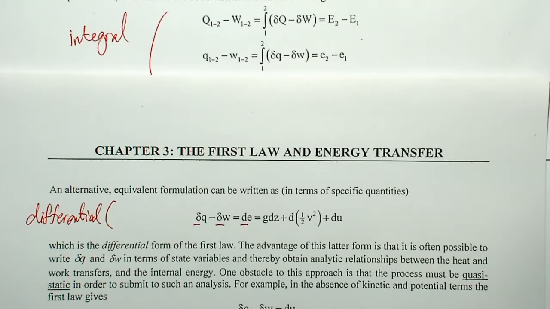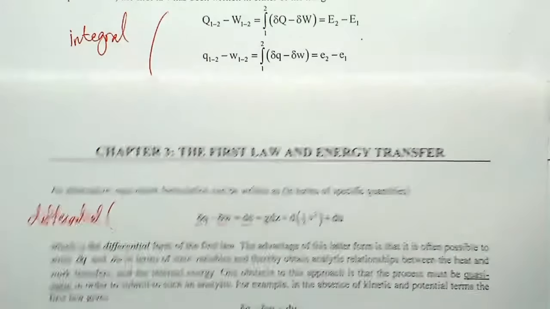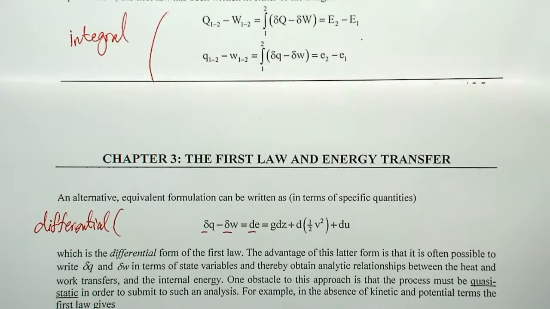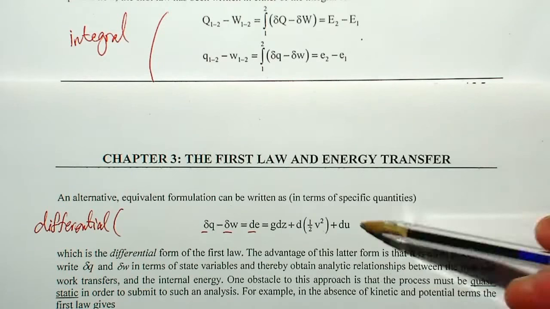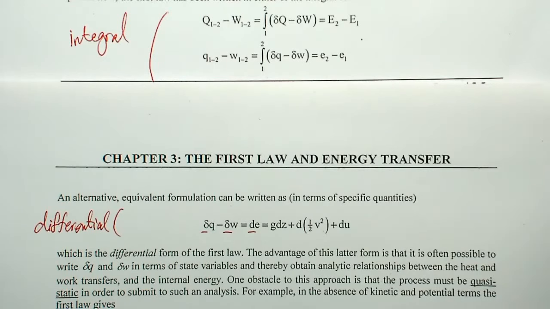There's one caveat here, and that caveat is that you must make sure that your process is quasi-static. If you don't have quasi-static, then this form, you can't use this one. This equation is limited to that assumption.